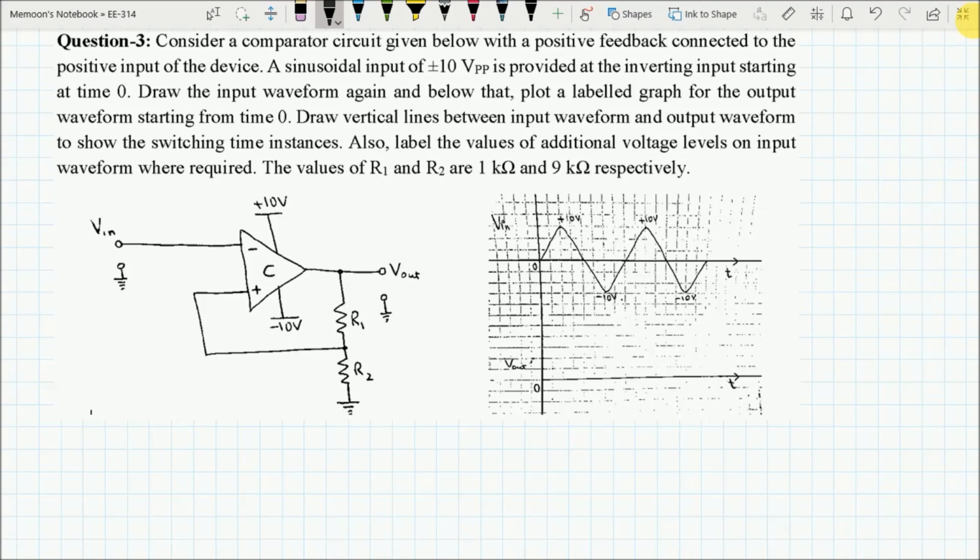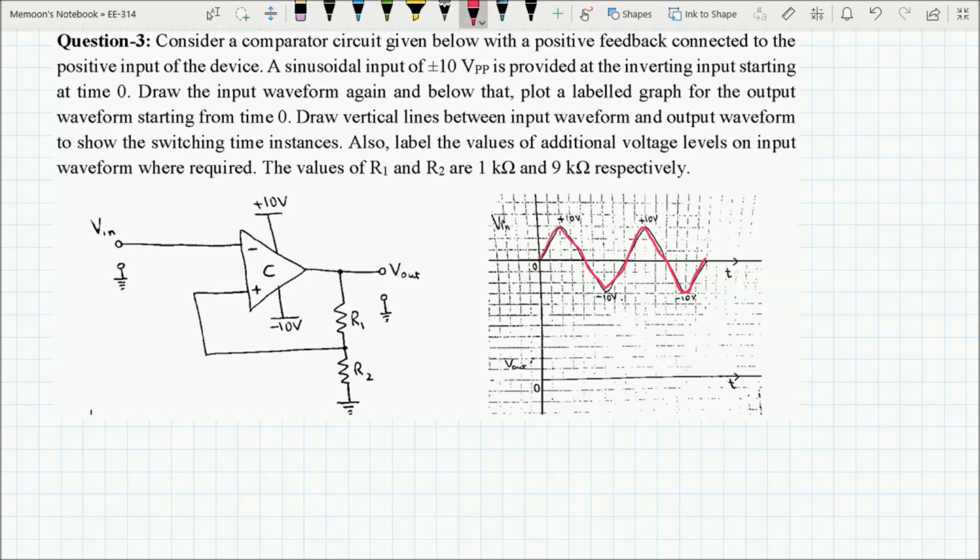A sinusoidal input of plus minus 10 volts peak to peak is provided at the inverting input starting at time 0. So this is your input right here. Starting at time 0, it is a sinusoidal input and it goes from 0 to 10 to negative 10 and so on. So it is a continuously time varying input.